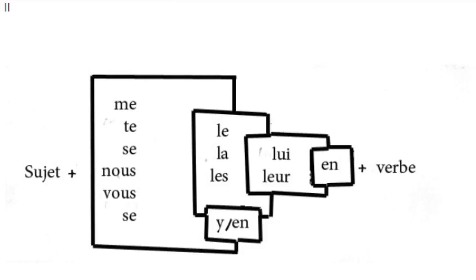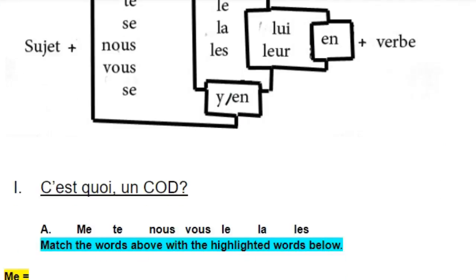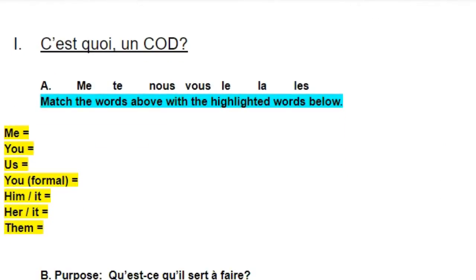So you see here on your screen you have me, te, se, nous, vous, se. These are pronouns. Le, la, les, lui, leur, y, and en. Okay. To begin, we're going to start with complément d'objet direct, direct object pronouns.